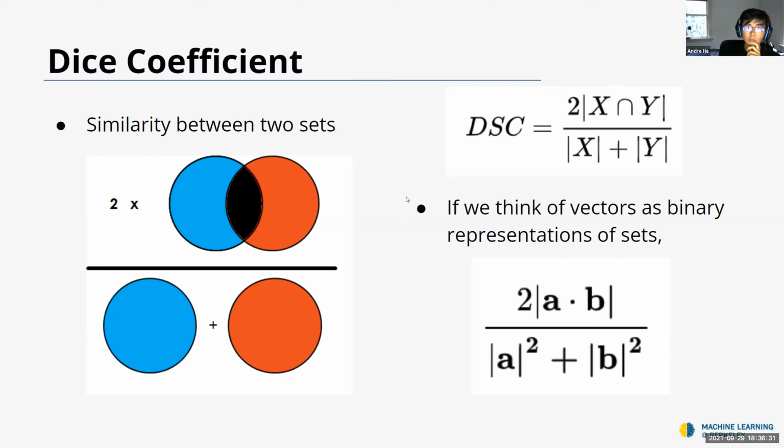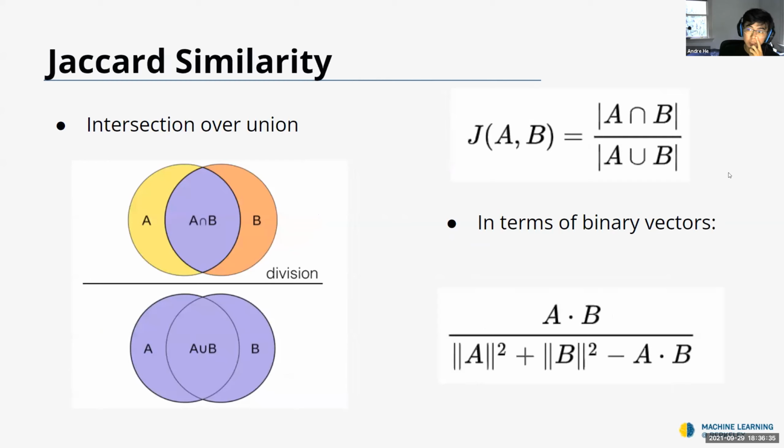Finally, Jaccard similarity is very similar to the dice coefficient. Instead of intersection over the sum of sizes, it's intersection over union. And the same intuition applies. If they're perfectly aligned, the intersection will be equal to the union, right?